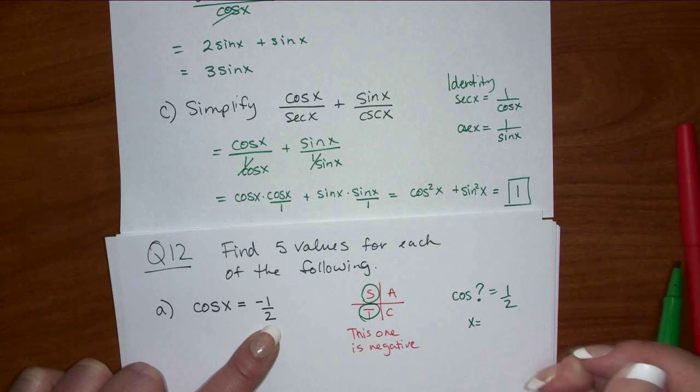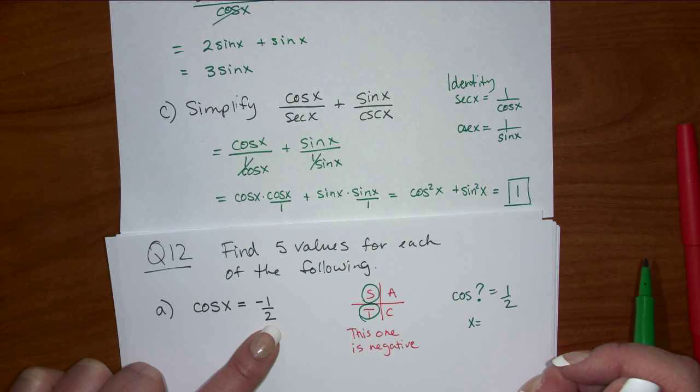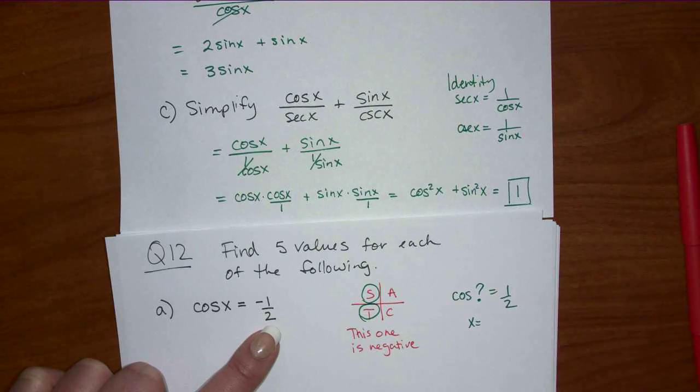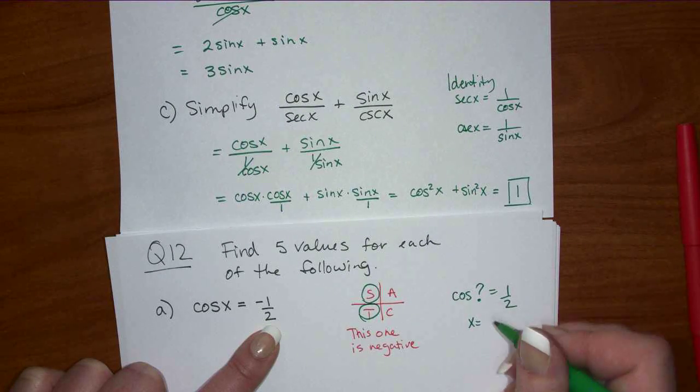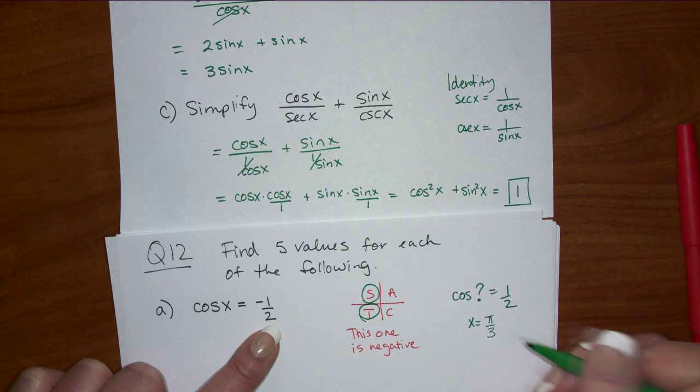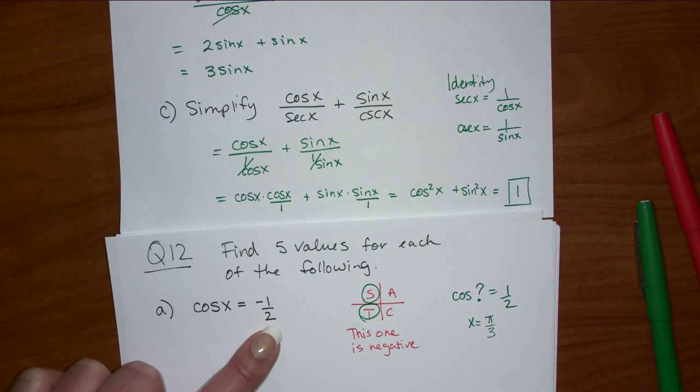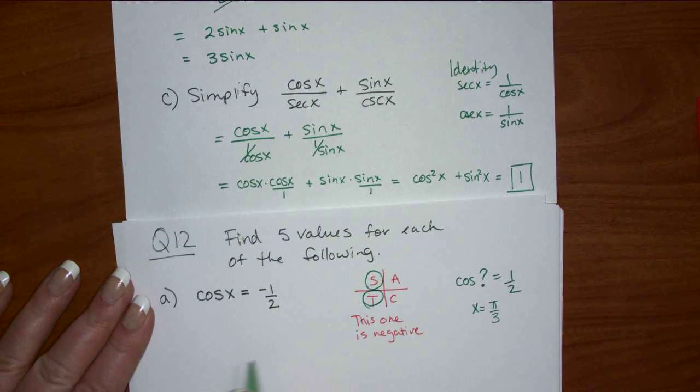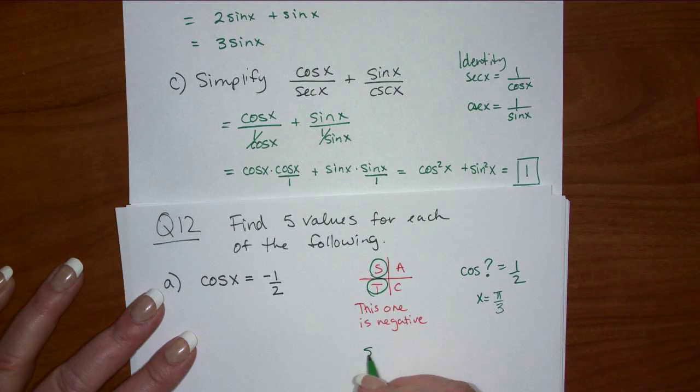What angle? You may not know right off, you might need to draw your table, but cos is 1/2 at pi over 3. Okay? So you would find that in your table, looking backwards. We've got sine, cos in our table.